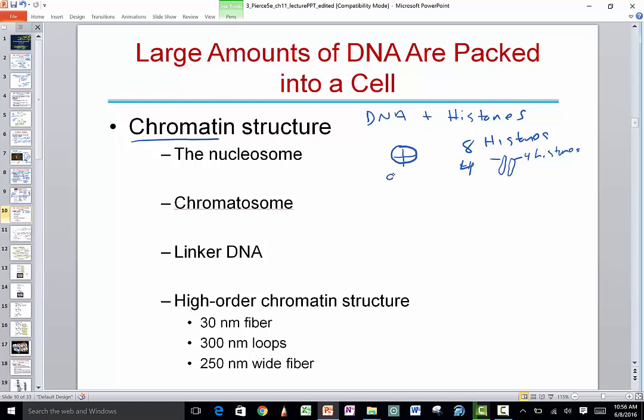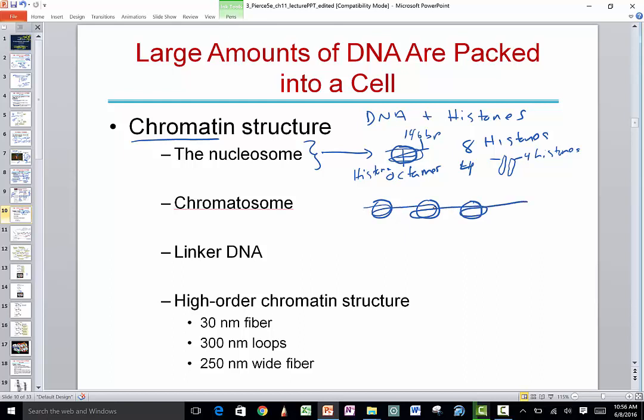That's called the octamer, because there's 8 histones altogether. So it's the histone octamer. And then there's DNA wrapped around it, about 146 base pairs of DNA, and that is called your nucleosome.